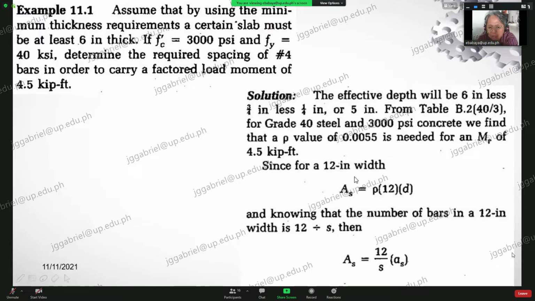Now, since for a 12 inches width, you have area of steel equal to rho. Rho, nakuha natin to sa, excuse me. Okay, you remember the formula for the singly reinforced beam?